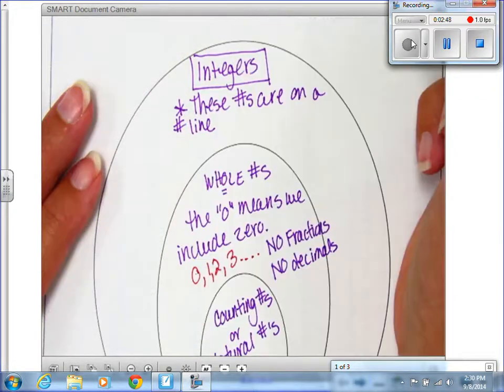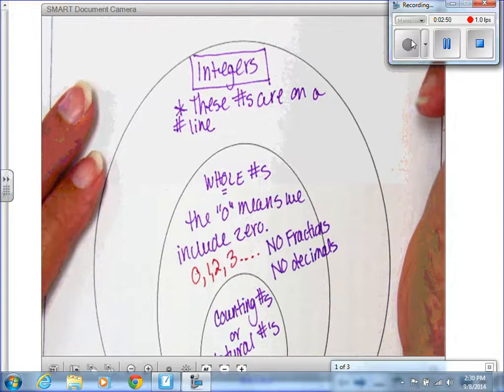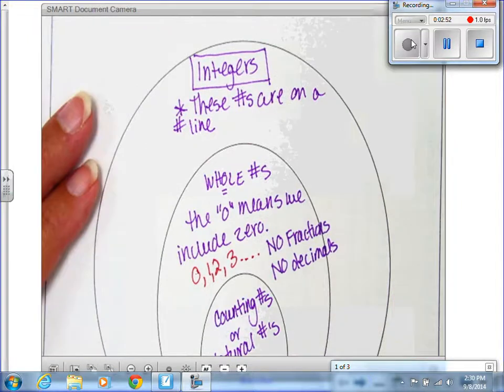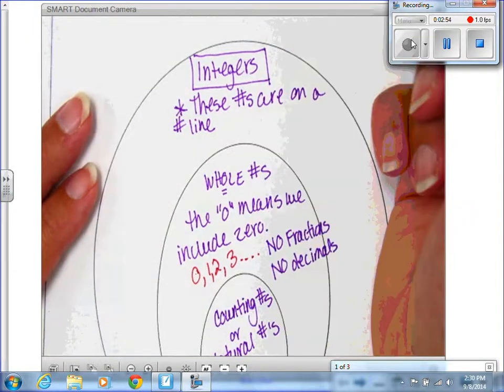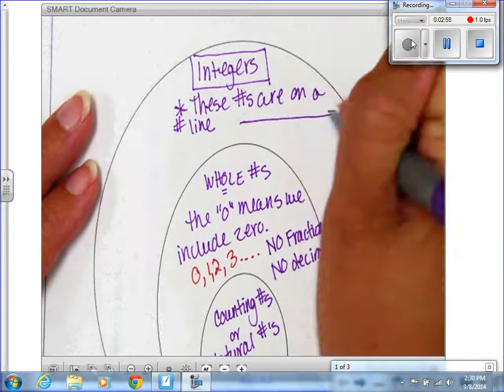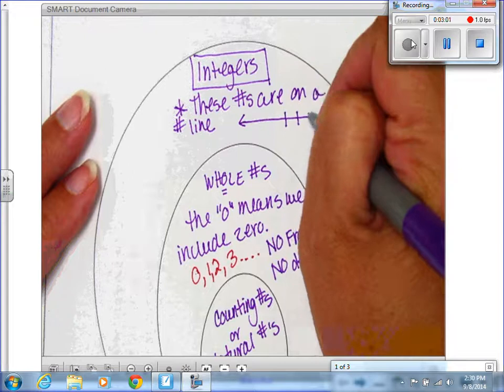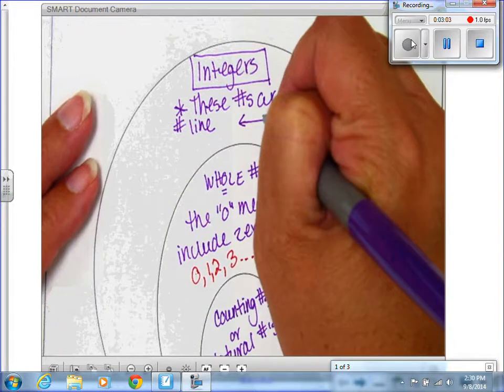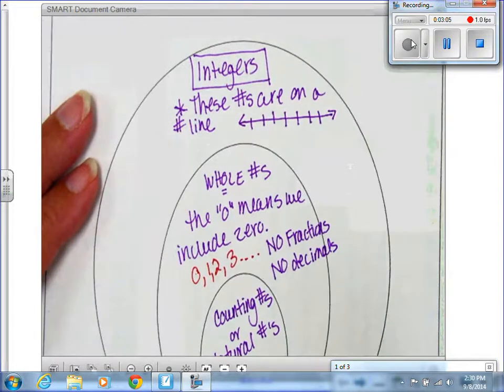I should say on a traditional number line, because any number can be on a number line. We can graph even half on a number line. But on a traditional number line, we would just have all the whole numbers and all of their opposites.